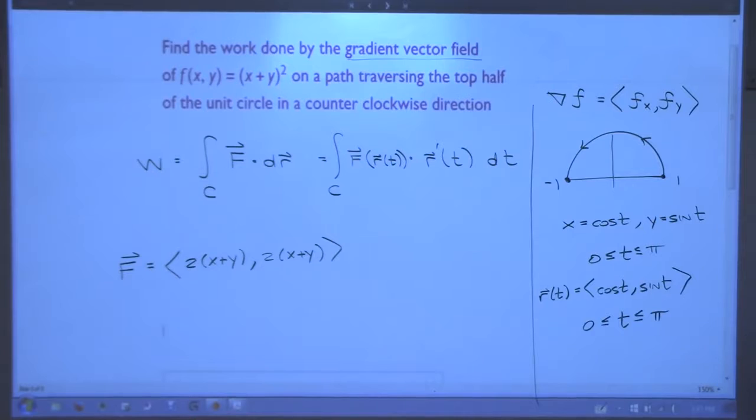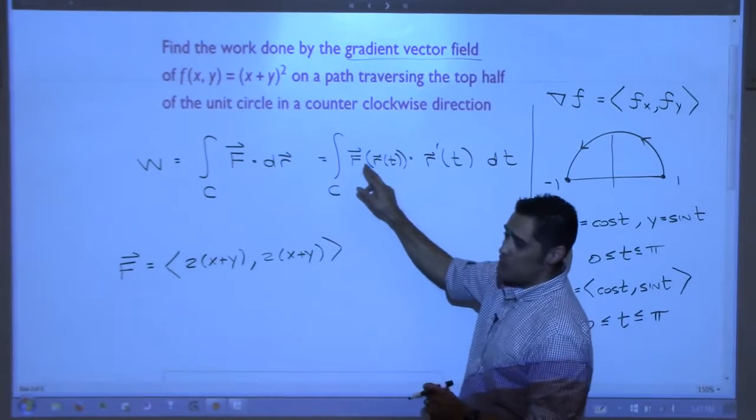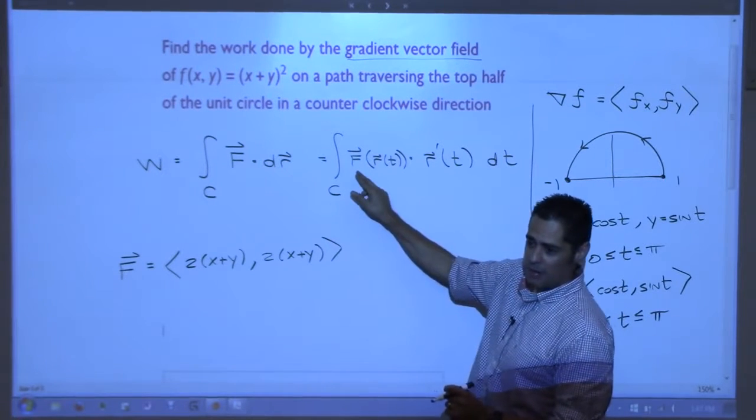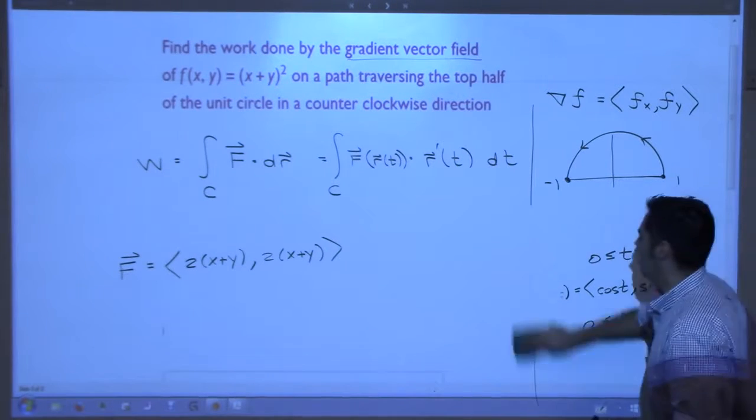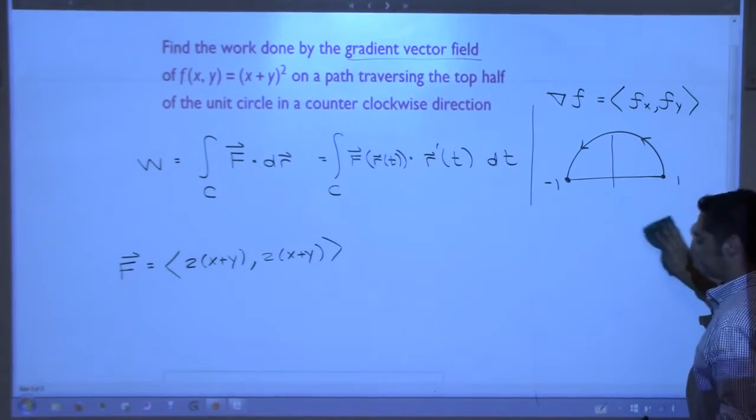If you look in your notes, which again, I know all of you have printed out, this means I'm going to plug the vector curve into my field. There's my field, here's my vector curve, so let's plug it in. I think I'm ready to set the integral up.